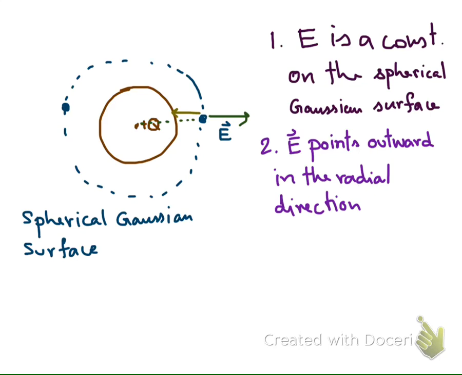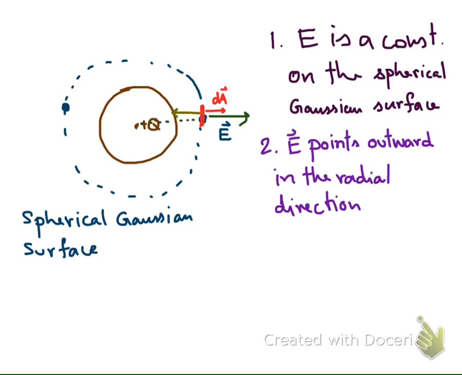Anyway, in both cases, you can see that from this expectation, E will always be parallel to the vector dA.